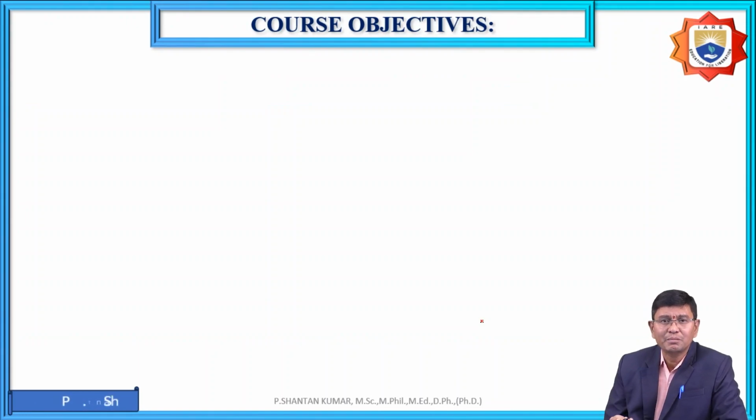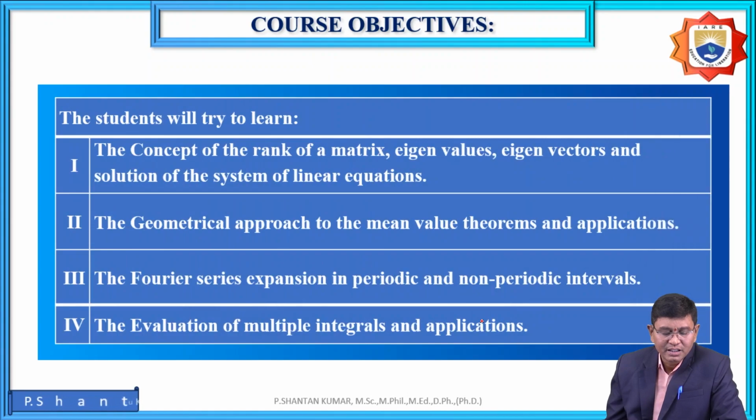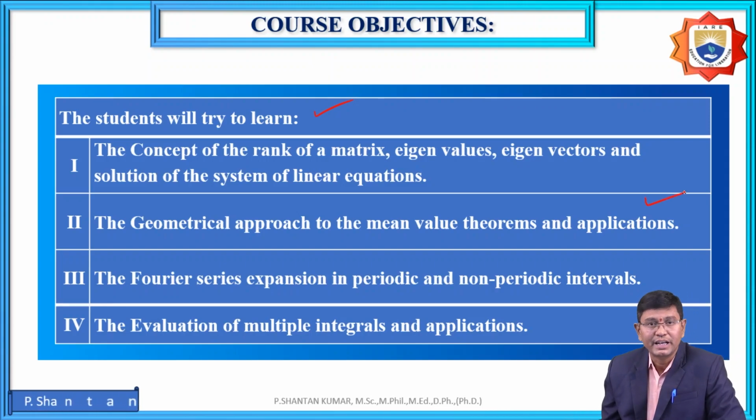Based on the objectives, how are they framed? Based on the subject, the objectives are what the students will try to learn. One is the concept of the rank of a matrix, eigenvalues, eigenvectors, and solutions of systems of linear equations. The second objective is the geometrical approaches to the mean value theorems and applications.